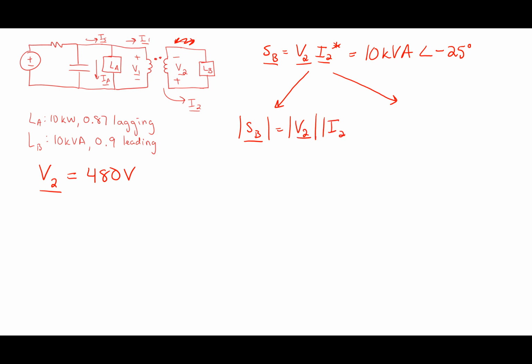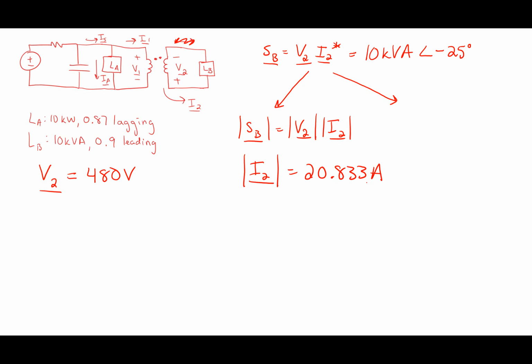I can use that to solve for the current. We know the magnitude of S is 10 kVA. We know V2 has a magnitude of 480. That tells me I2's magnitude is 20.833 amps.